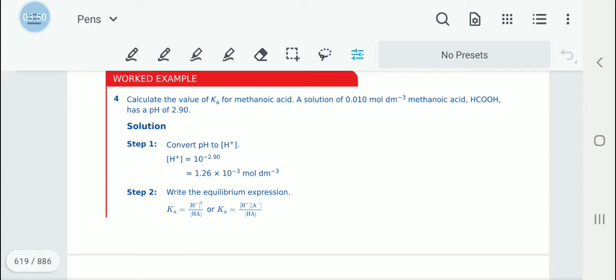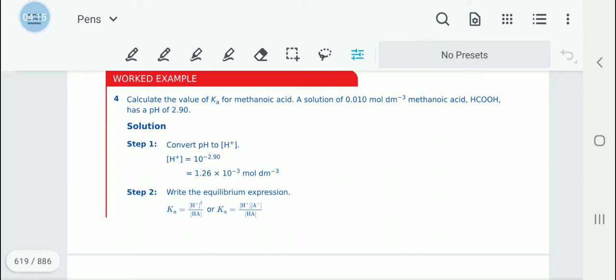First of all, we have to convert that pH to H+ ion concentration. We know the equation pH is equal to negative logarithm of the H+ ion concentration to the base 10. From this we convert that into the concentration of H+ ions, that is 1.26 × 10^-3 mol per cubic decimeter.